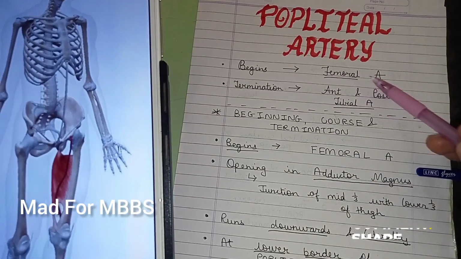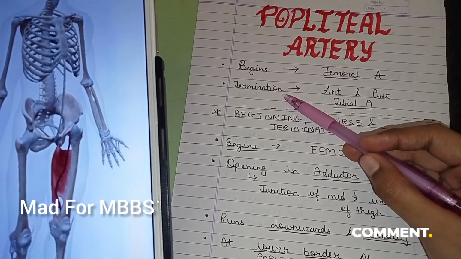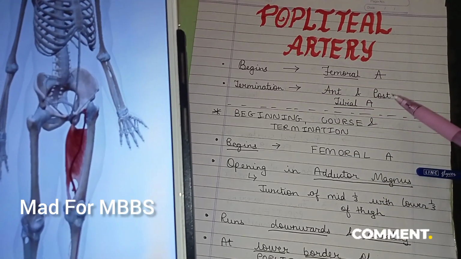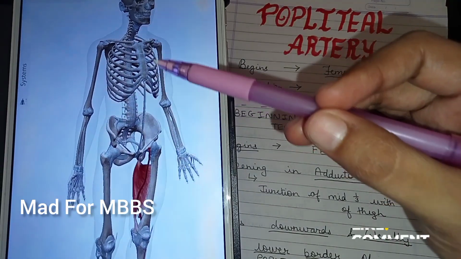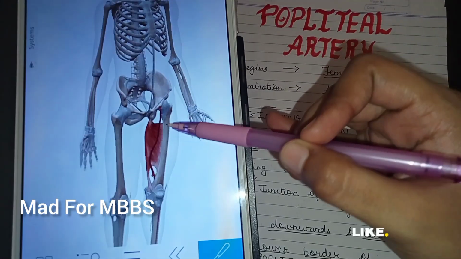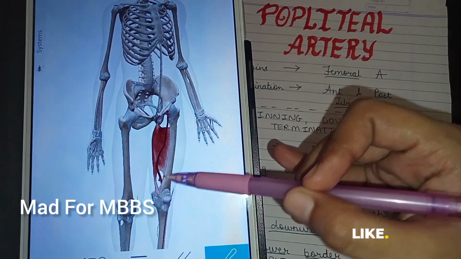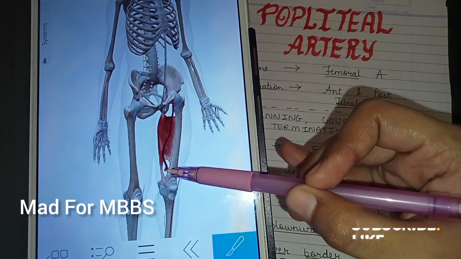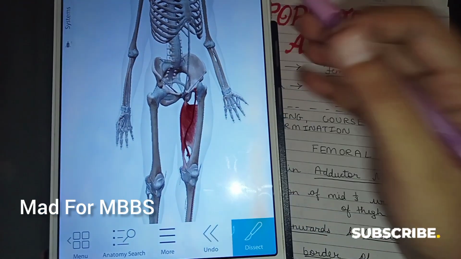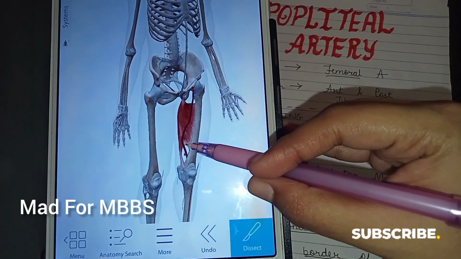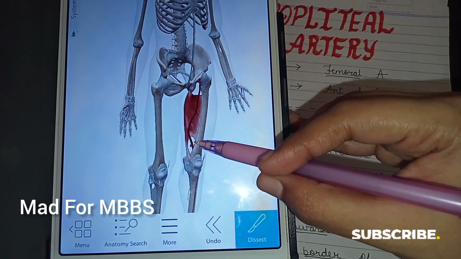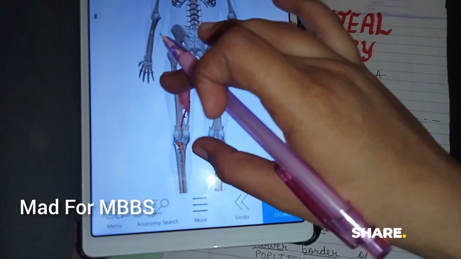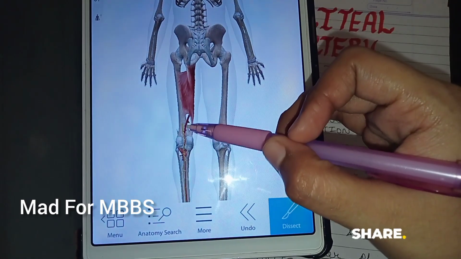So, popliteal artery begins from femoral artery. Termination: anterior and posterior tibial artery. As we can see, this is the femoral artery, which is there anteriorly, but it passes behind the femur and goes into the adductor magnus opening, which is the tendinous opening, and goes behind posteriorly to form the popliteal artery.